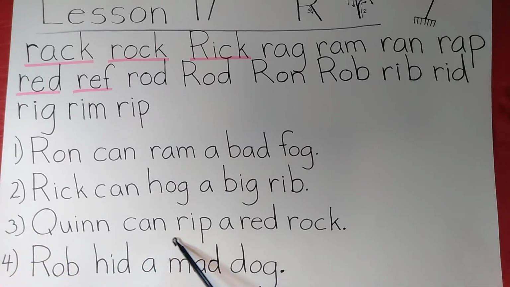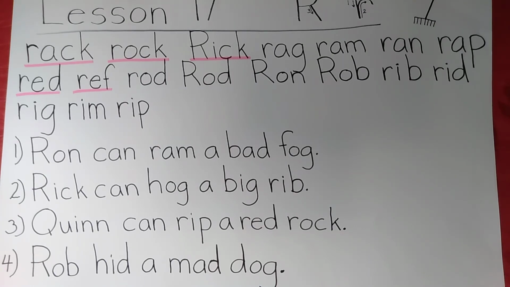Number 3, Quinn can rip a red rock. This is definitely false. You can rip paper. You cannot rip rocks. You can smash rocks, but you can't rip them. Number 4, Rob hid a mad dog. Well, that depends on the definition of mad. If the dog is angry because there are strangers that have come in the house and they're barking and acting mean, then Rob could take the dog to a back room, and you might say that Rob is hiding the dog.